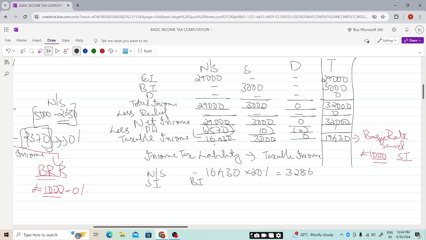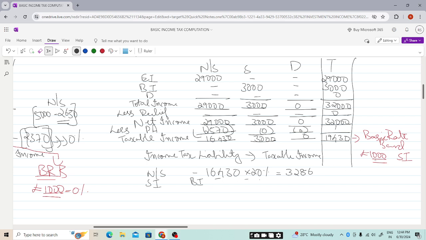So the 5,000 rule will not be available because our non-saving income exceeds 5,000. So not available means we'll be moving to step number 2.